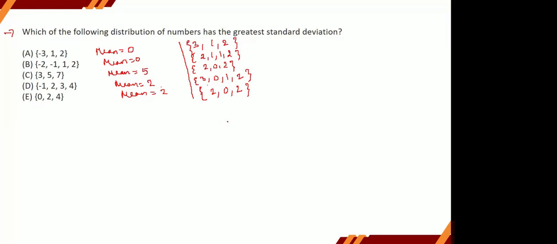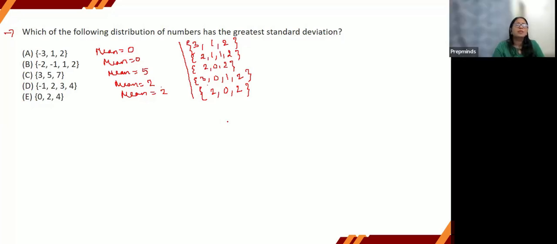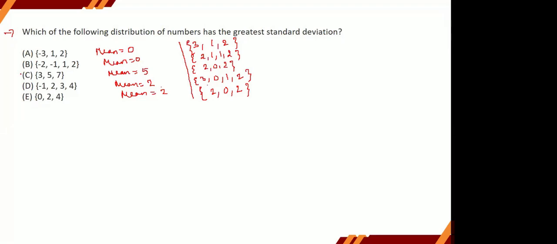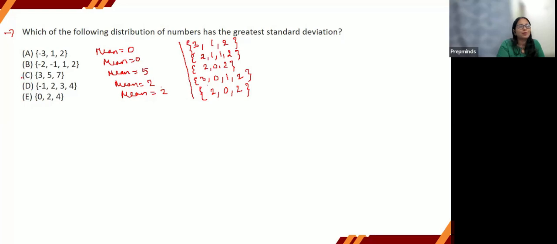Wouldn't we want to take an average first, or just divide the deviation? We can do that again, but can we eliminate immediately something? We can eliminate C and E here, because it is asking for the greatest, we cannot have more than one option. So C and E is gone immediately.